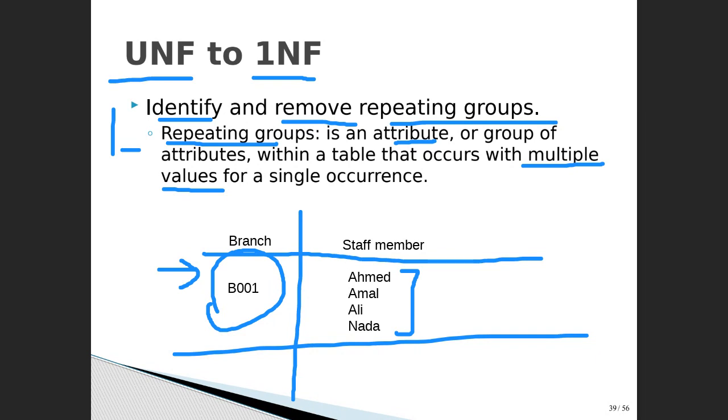These are four, so multiple values for the same cell. This is the meaning of repeating group: an attribute or a group of attributes that will occur with multiple values for a single occurrence. This is a single occurrence, and there will be multiple values.